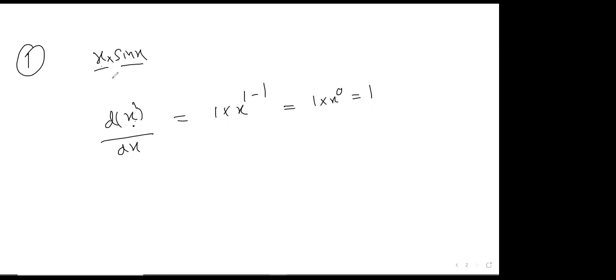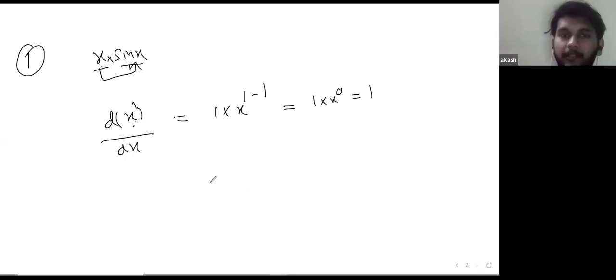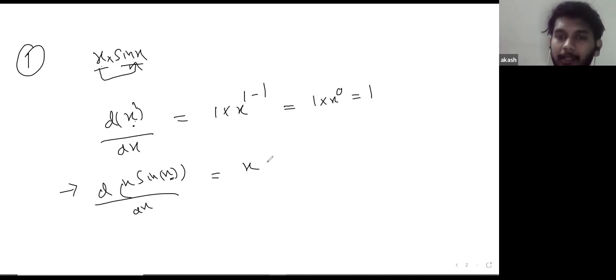Rahman, you cannot multiply this x inside this angle. They are two different functions. This sin x holds the angle in its input, so you cannot multiply this x. If you have to differentiate this, then you can write x into differentiation of sin x plus sin x into differentiation of x.